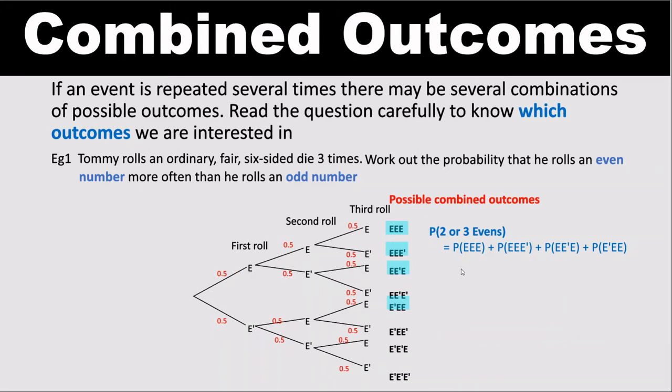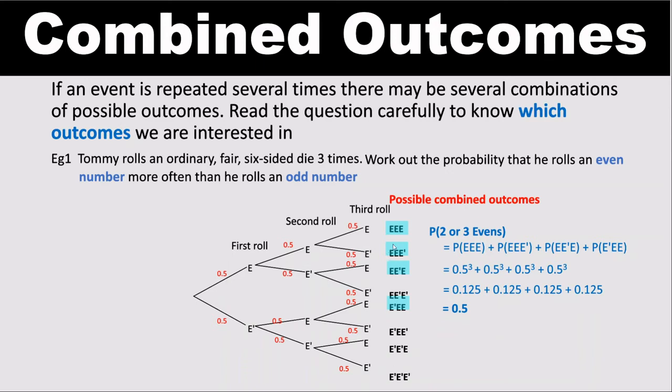So I can simply write that as 0.5 cubed in all four cases. Now 0.5 cubed, that's 0.125. So 0.125 plus 0.125 plus 0.125 plus 0.125, that gives me 0.5. Now, this might have been a much more complicated way of working it out because I knew that all of these possible outcomes had the same probability.